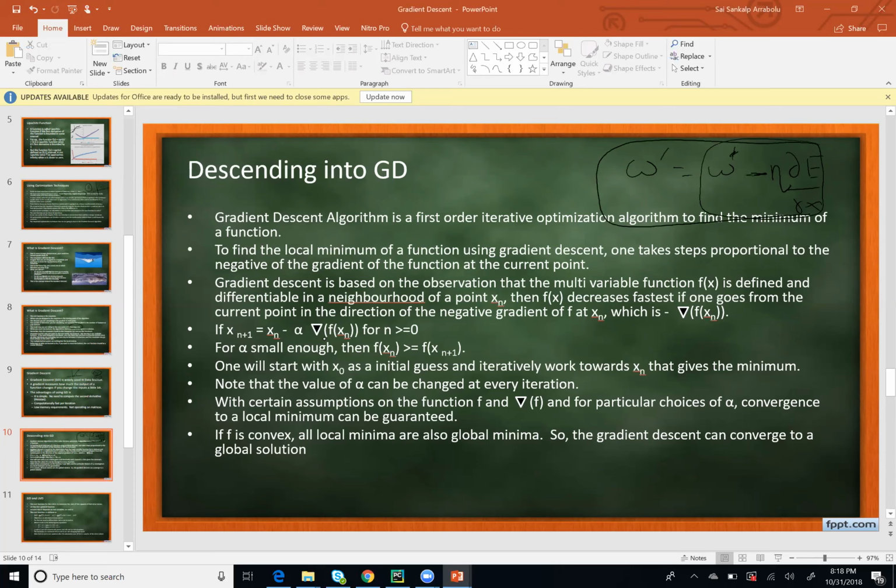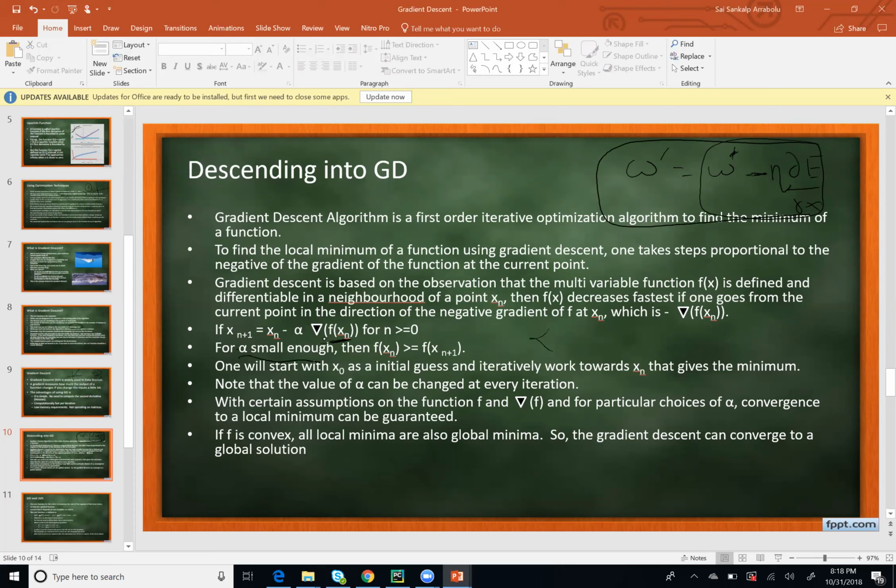You change your x proportional to some alpha times the gradient of that particular function. If alpha is small, it might take forever to get to that place. But if alpha is large, we might miss the point. So alpha should be somewhere in between.